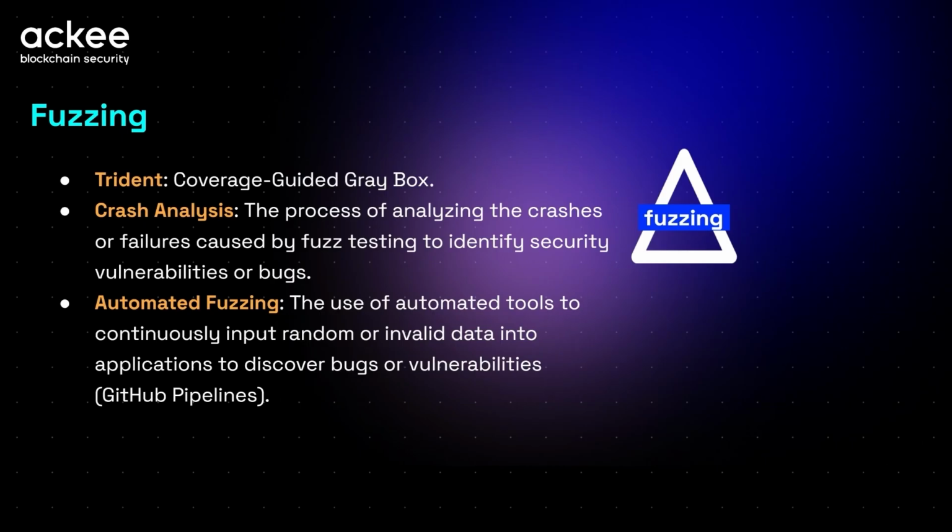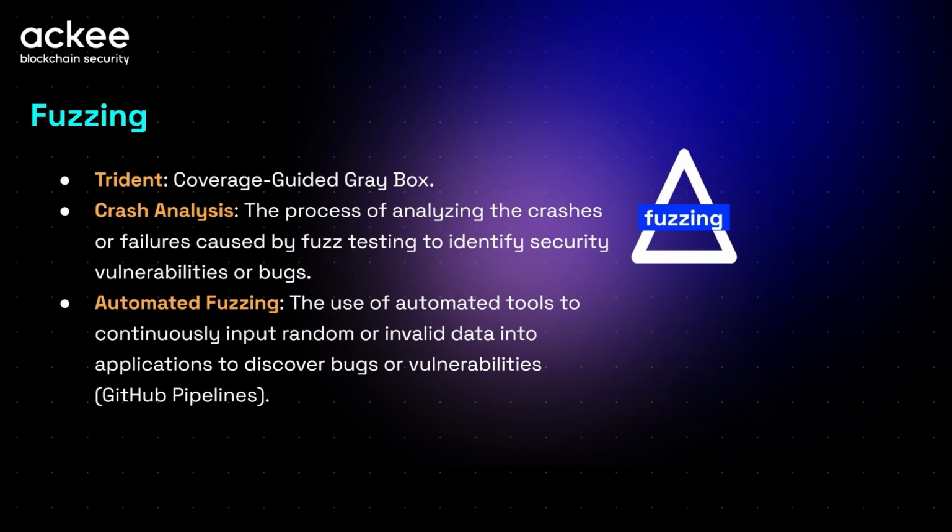The next important point can be automated fuzzing. It is worth noting that it might be helpful to write GitHub pipelines, for example, and every time you create a pull request to, let's say, some of your branches, the pipeline will trigger and run Trident for some particular amount of iterations.